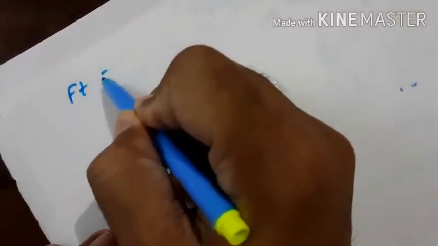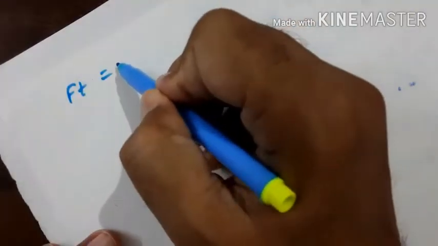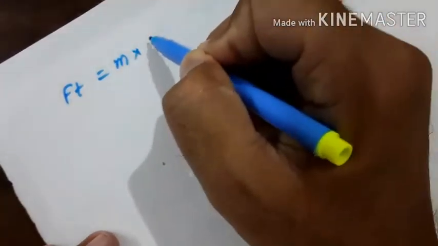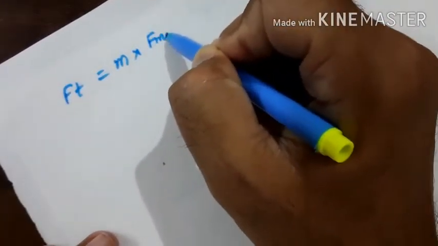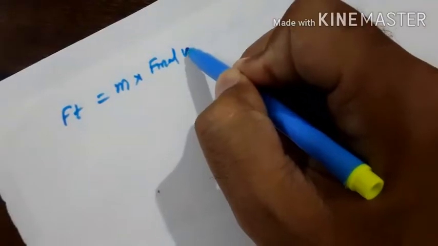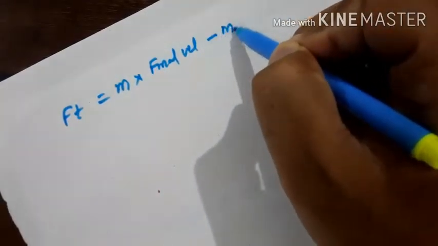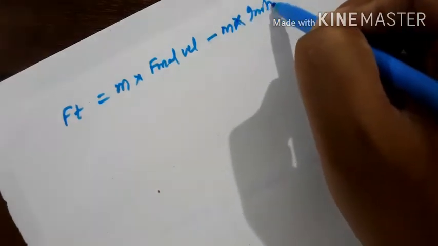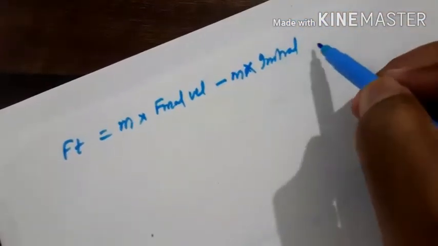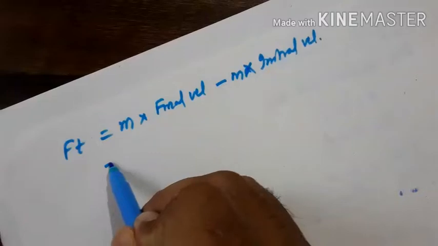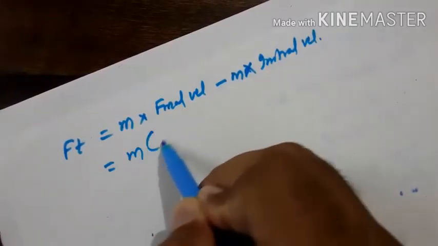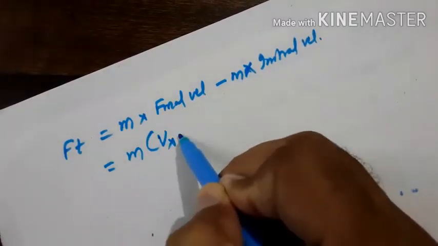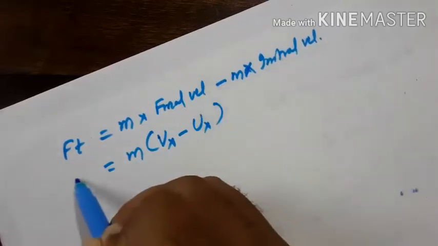Next, then F into t, that is mass into final velocity minus mass into initial velocity, which can be written as m into Vx minus Ux.